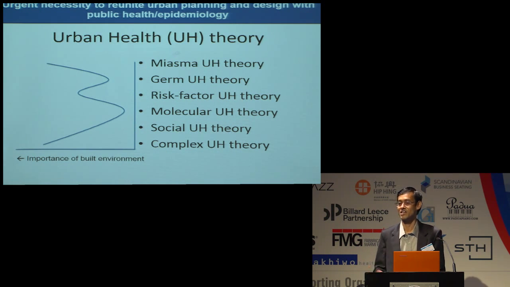The relationship has waxed and waned over the years, starting from miasma, the urban health theory, wherein there was a strong relationship with city planning, thereafter germ theory and risk factor theory. Now we have the more complex hybrid urban health theories. We call it eco-social epidemiology, wherein there's a strong relationship between the contextual as well as the genetic and physiological factors.